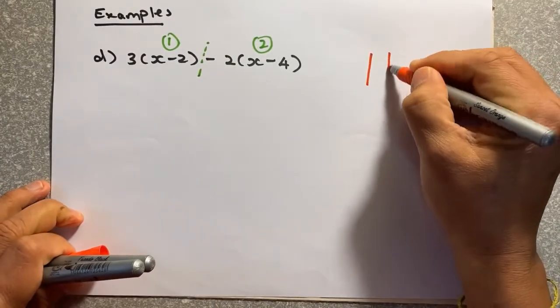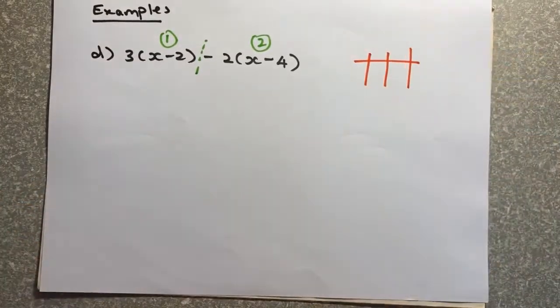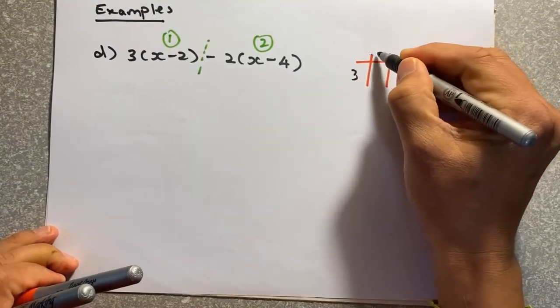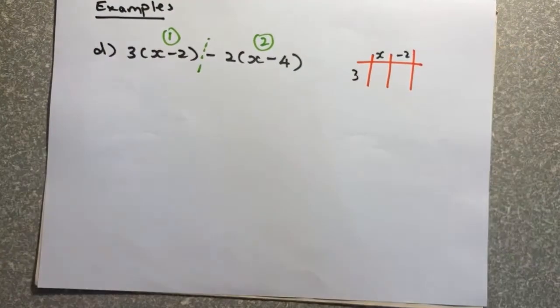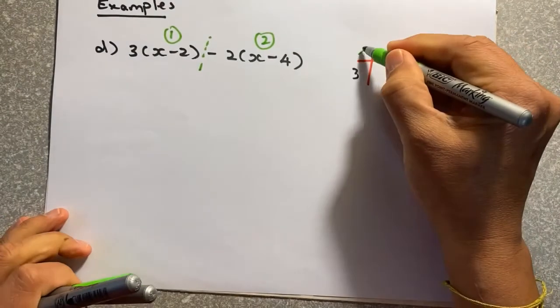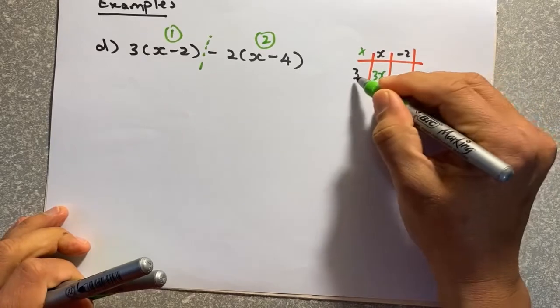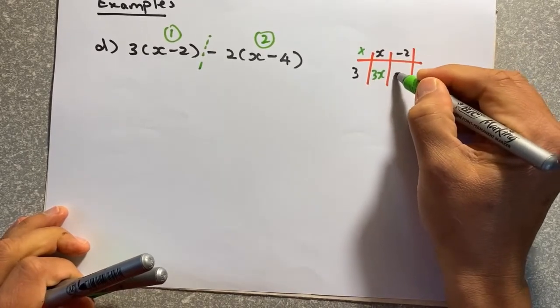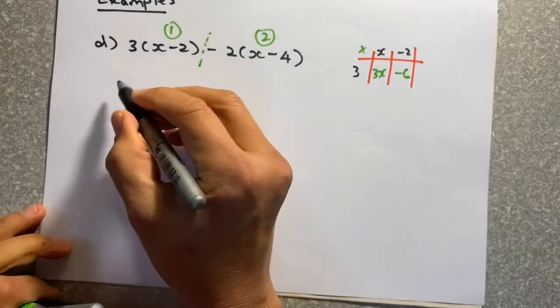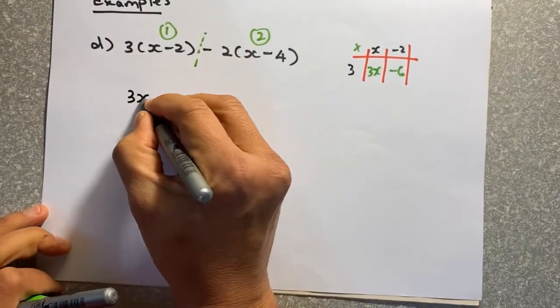So the first expression will look like that. We're going to multiply 3 with x minus 2. When you multiply them, 3 multiplied by x will give you 3x. 3 multiplied by negative 2 is negative 6. So the first expression is 3x minus 6.